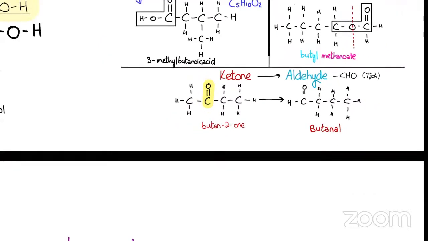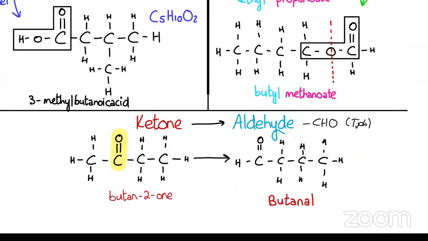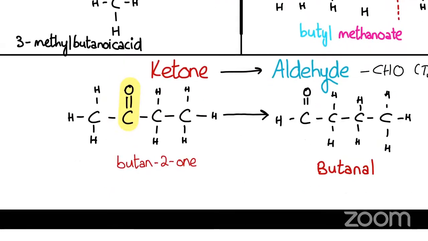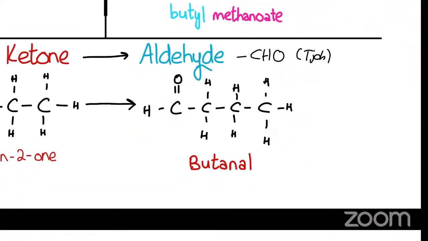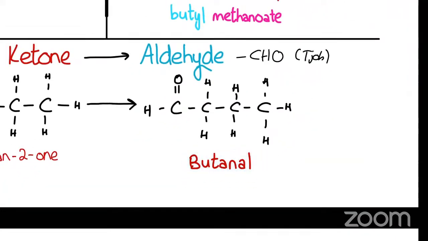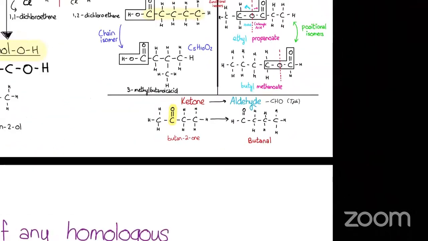So yes, always specify. If you have the option between writing butanone and butan-2-one, I would definitely write butan-2-one. However, like I said, for this one they might be a bit more lenient if you say butanone because of its position. It's like instead of calling this butan-1-ol, you just call it butanol. I hope that clarifies.